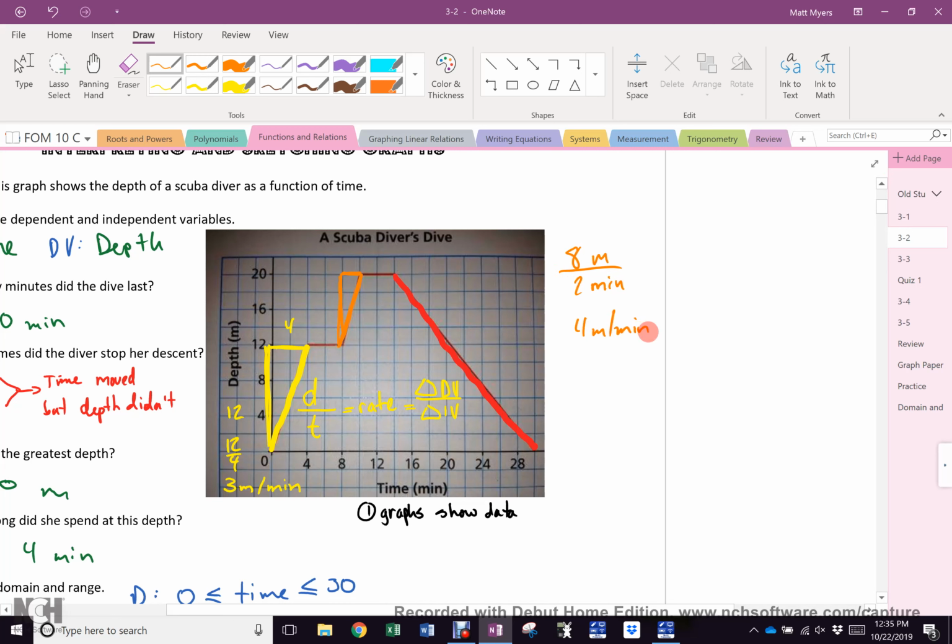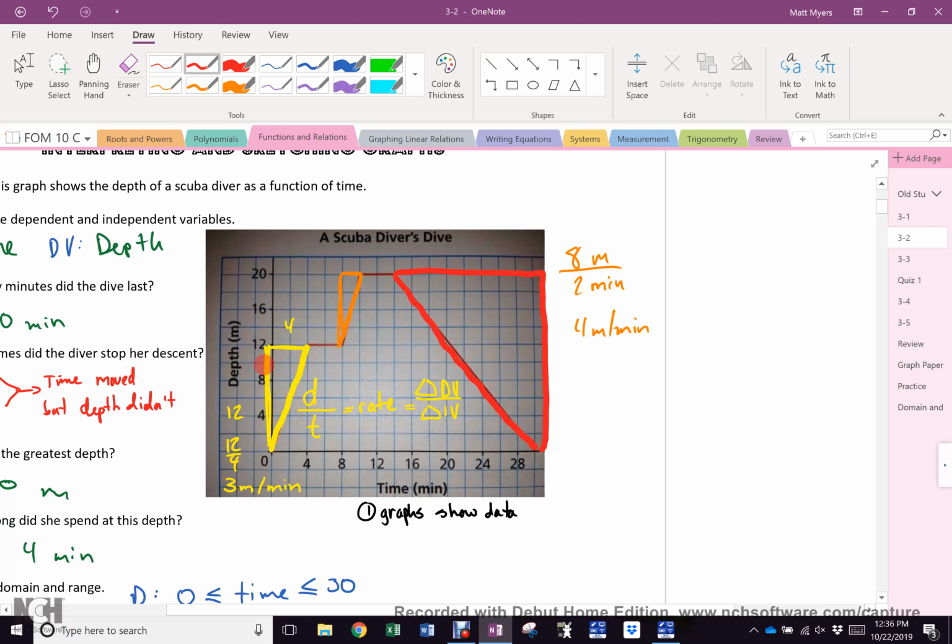Everybody cool? Now what's different about the red line? She's ascending. She's going back up, right? So, what is this number here? This is tricky.